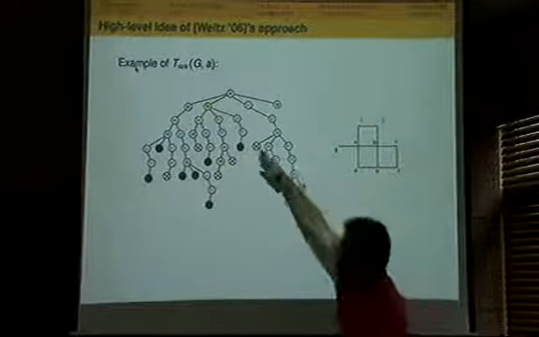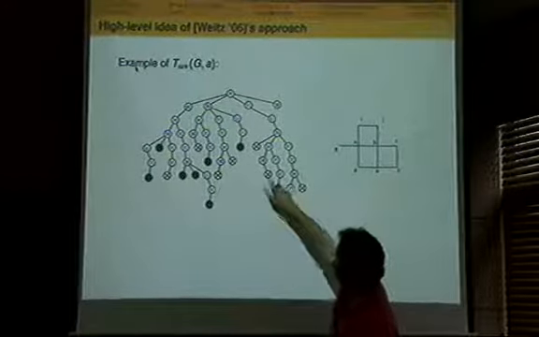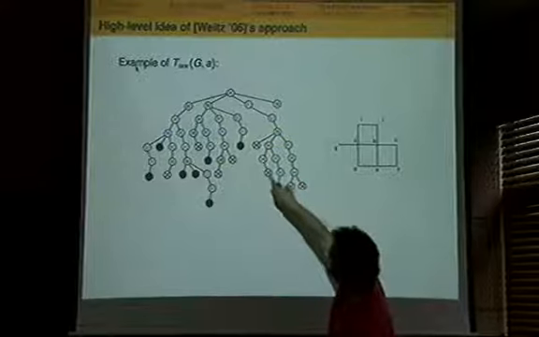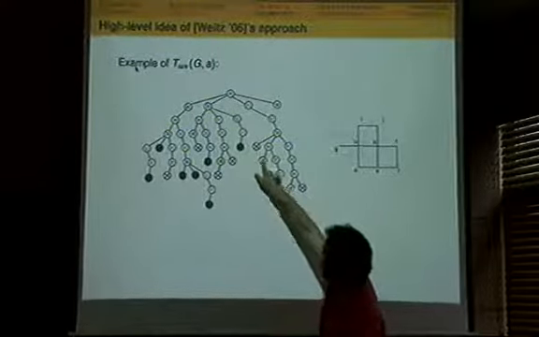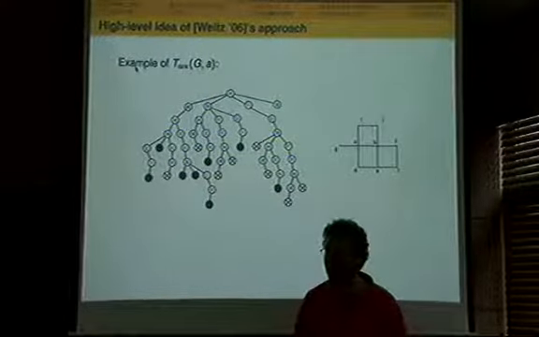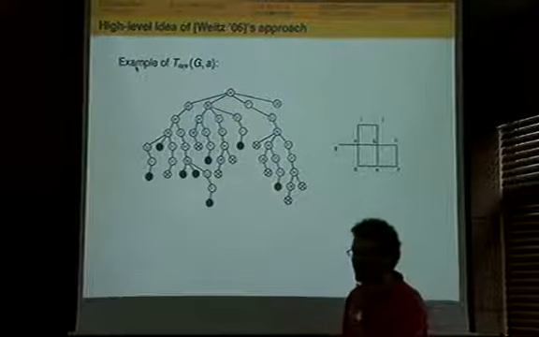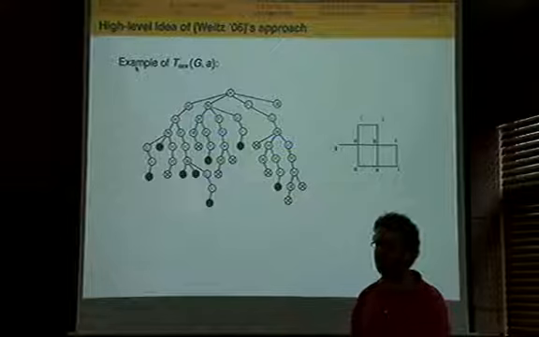Whenever I complete a cycle, I stop. That's the tree. Now some of these leaves correspond to unoccupied, and some correspond to occupied. I'm going to occupy or unoccupy them in the correct way. He chooses the correct way, and then he gets this property about the marginal probabilities.